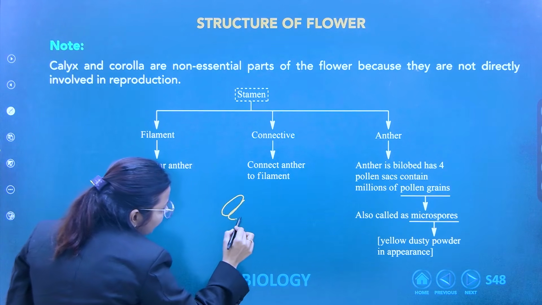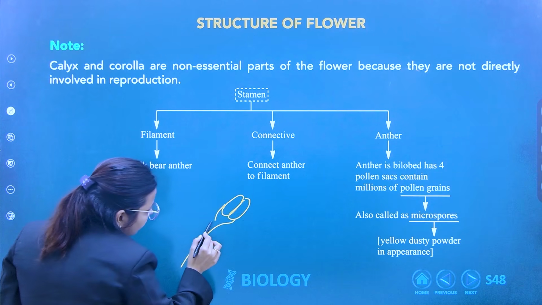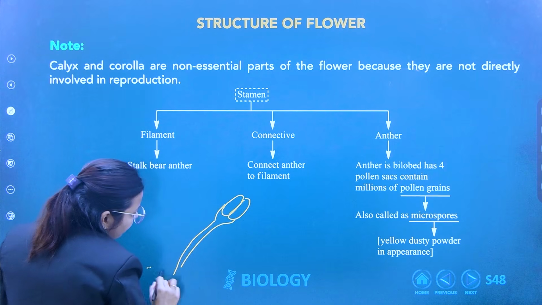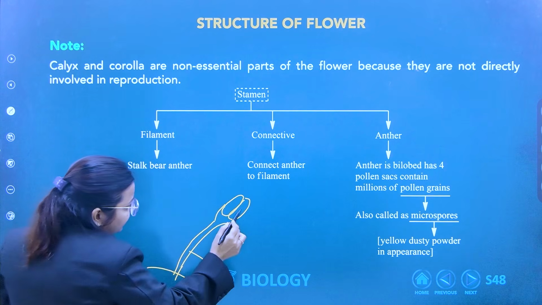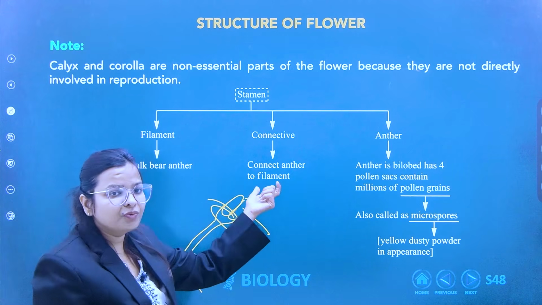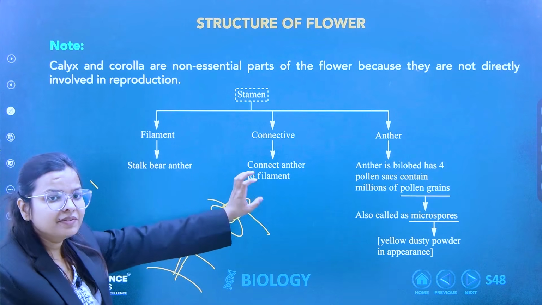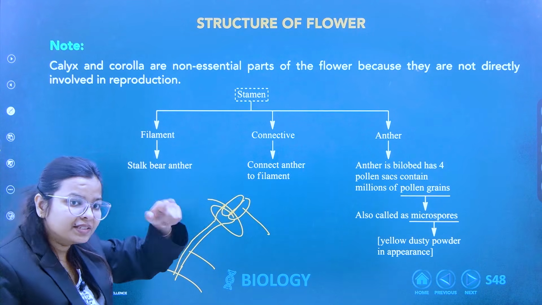This structure is called bilobed. This is the filament, this is the anther, and this is the connective part. It connects anther to filament, the junction where anther and filament connect. It is not a physical structure.